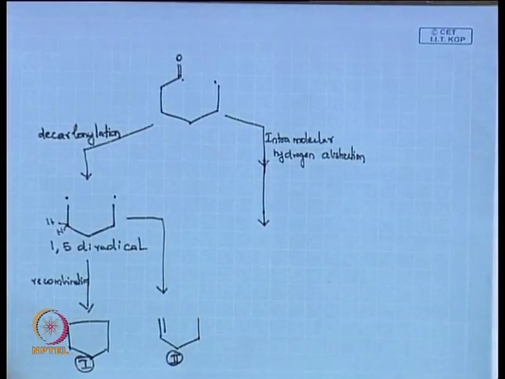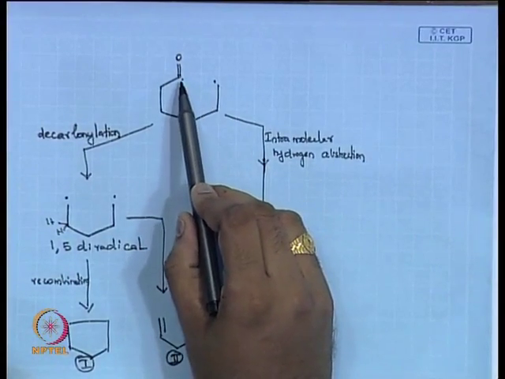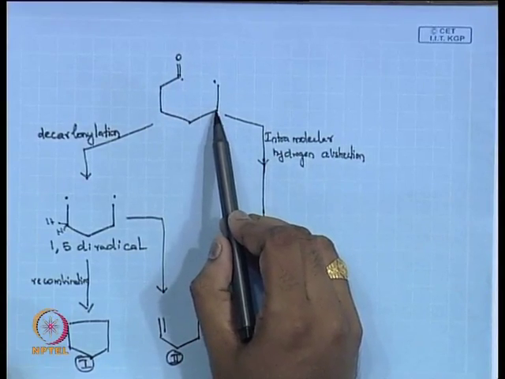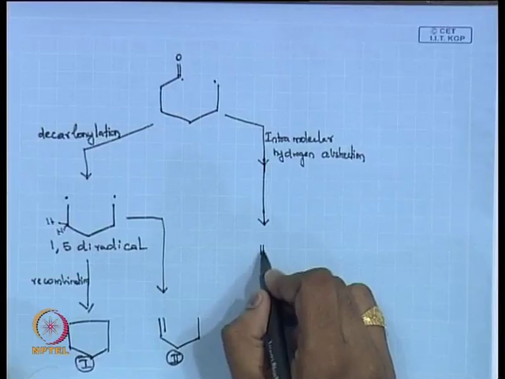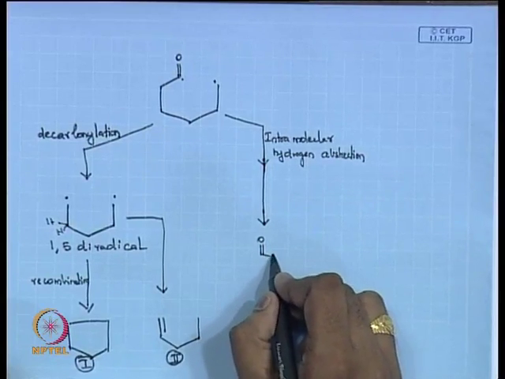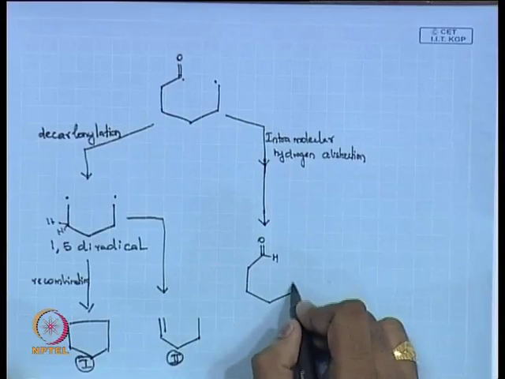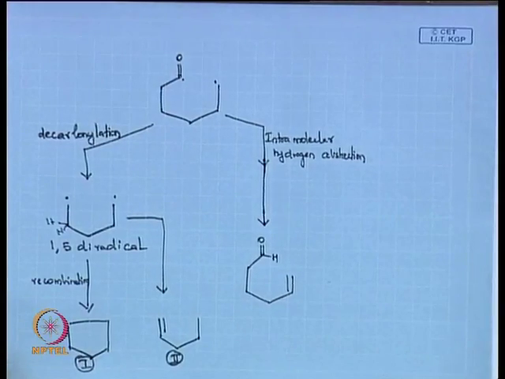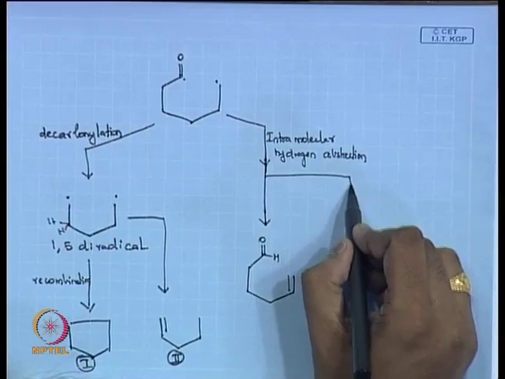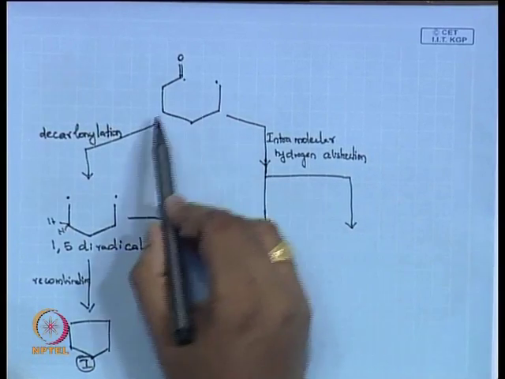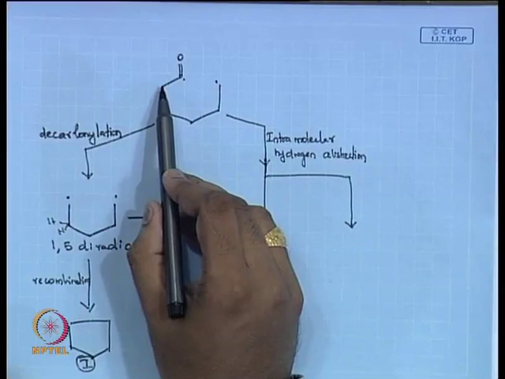I can think of two ways. One, your acyl radical can abstract a hydrogen, okay, to give me an unsaturated aldehyde. You can get this, or my alkyl radical can abstract a hydrogen to give me a ketene.